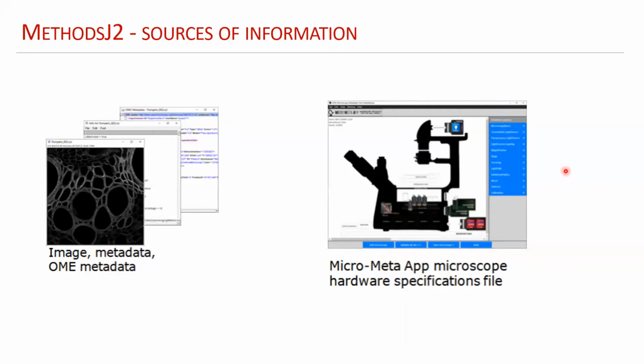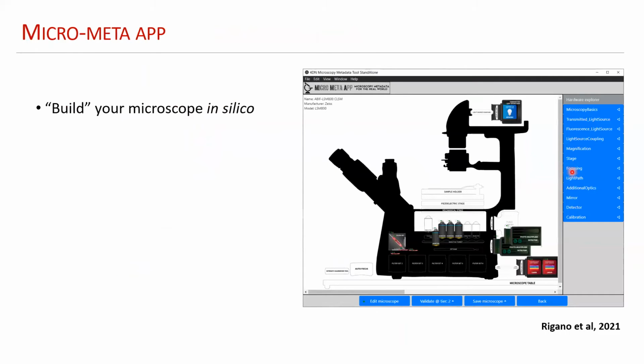quick reminder here. Micro-Meta App allows users such as core facility staff, imaging scientists, and so forth to build a microscope in silico, generating a database of all the components on a microscope. This database is generated using a standardized microscope metadata model known as the 4DN-OME model.